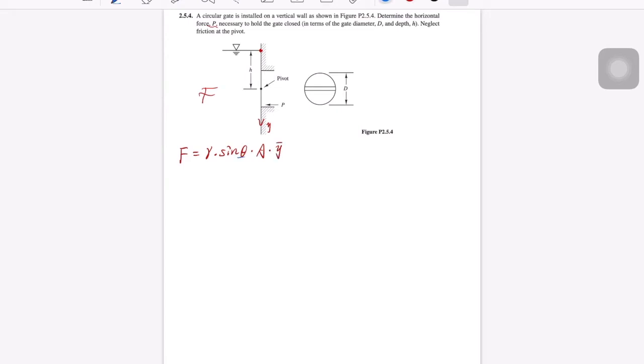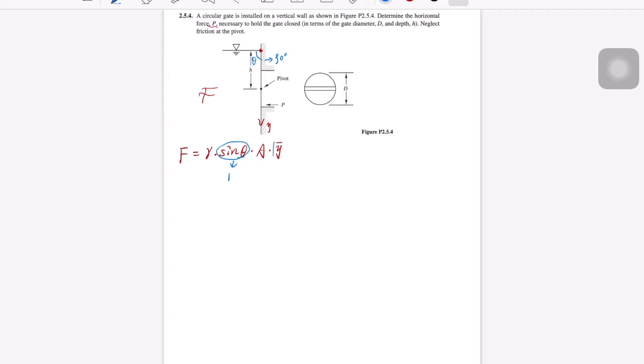Theta is the angle between the surface of water and the wall. We know this is a vertical wall, so theta is 90 degrees. That means sine theta equals 1.